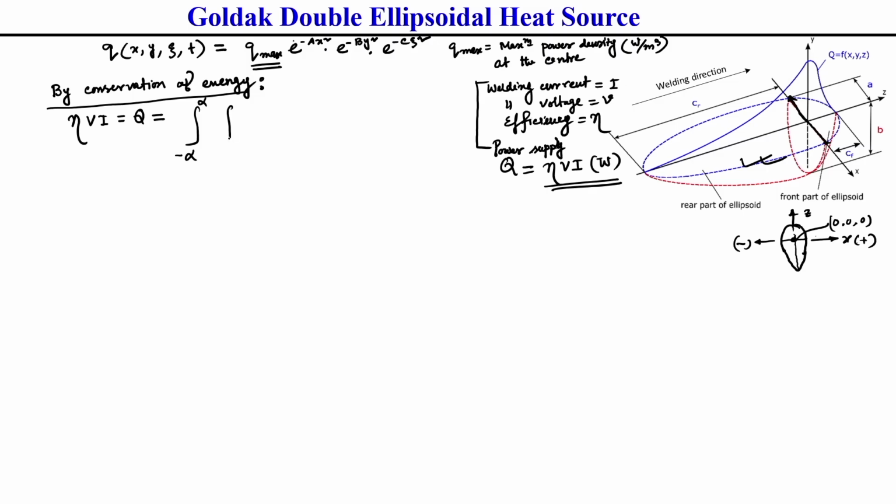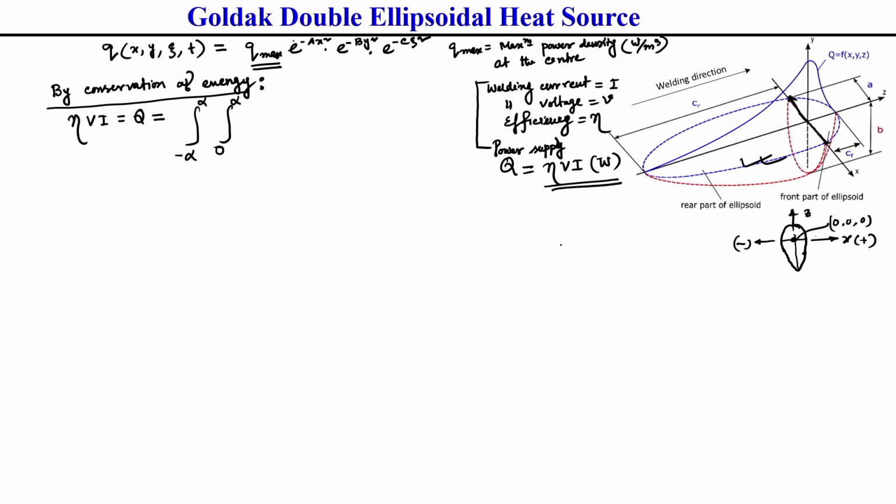Then for y, whatever the arc is coming, you see this double ellipsoid, one thing you can observe is that only the lower, through-thickness portion, or half portion, of this ellipsoid is there along the y direction; the top portion of the ellipsoid volume is not there, this you can see. That is why from the surface, which you can consider as 0, to infinity on the bottom side in the y direction, 0 to infinity, okay.